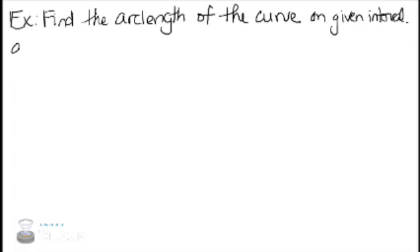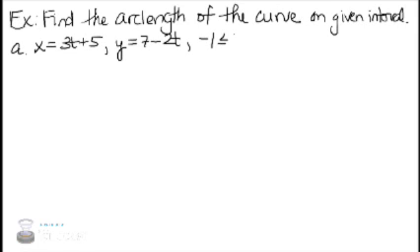In part A, we have x equals 3t plus 5 and y equals 7 minus 2t. We're interested in the interval of t values from -1 to 3.